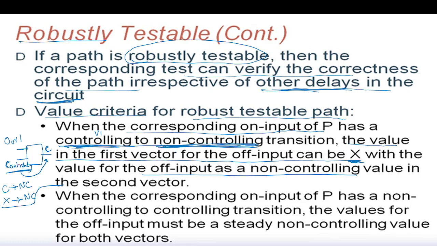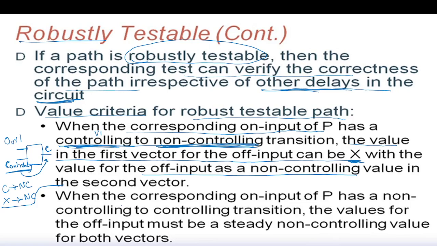We got this improvement from the single path sensitization, where in the single path we needed both the vectors to be a non-controlling value, either strictly 1 or strictly 0. Here we got that relaxation in the robustly testable case, where the first vector can be don't care if we make a transition from controlling to non-controlling.